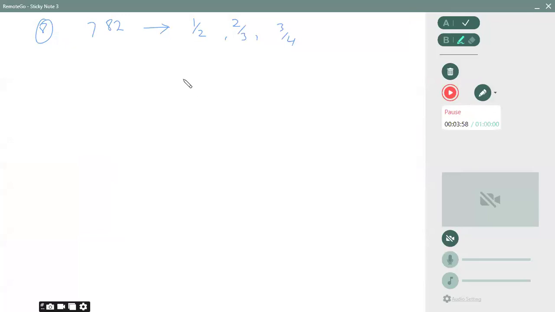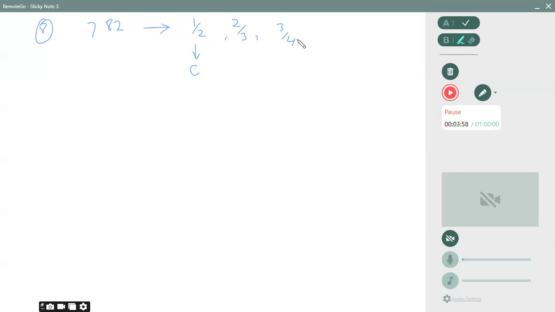When you look at such a number, they want the value of the first position. They are giving you ratios.